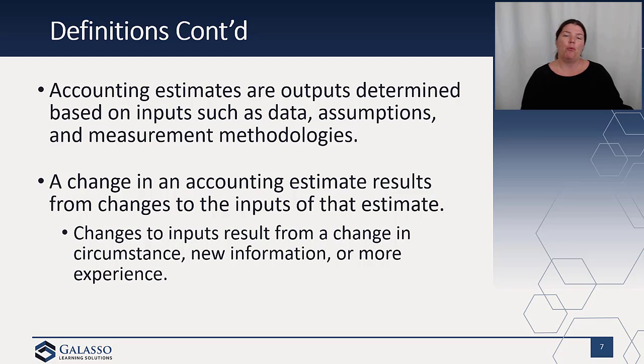So again, a little bit of a different perspective here. Changes to inputs could be because we get new information or a change in circumstance, or we know a little bit more, right? So the allowance for doubtful accounts gets better the more experience we have with a particular customer. So these accounting estimates get updated as we get better or new information.